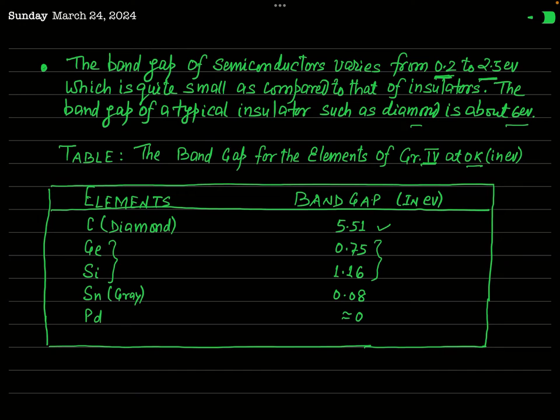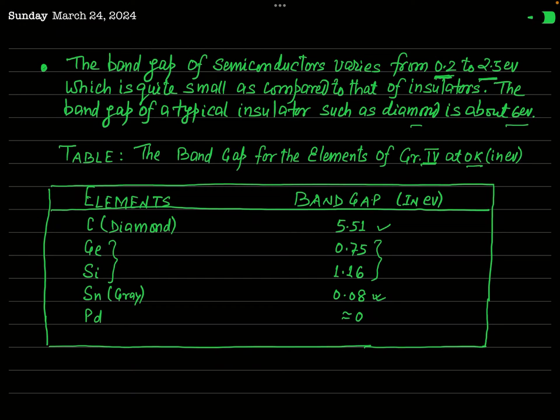But Sn gray is also an element of the fourth group, but it has a band gap of 0.08 electron volt, which is much smaller than this range. So can you say this Sn will behave like a semiconductor? Definitely not. Sn will behave like a metal, that is, like a conductor. And this Pd has almost zero band gap, so this will definitely be a metal.